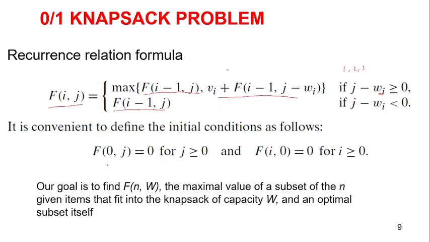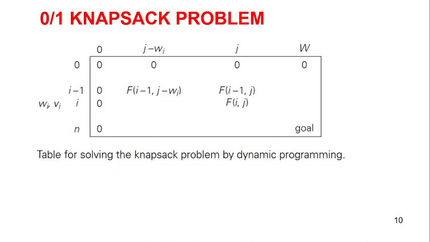Here 0 comma 0, 0 comma 1, 0 comma 2 will have the 0 value, and 1 comma 0, 2 comma 0 will also have the 0 value. And our goal is to find f of n comma w, the last value.